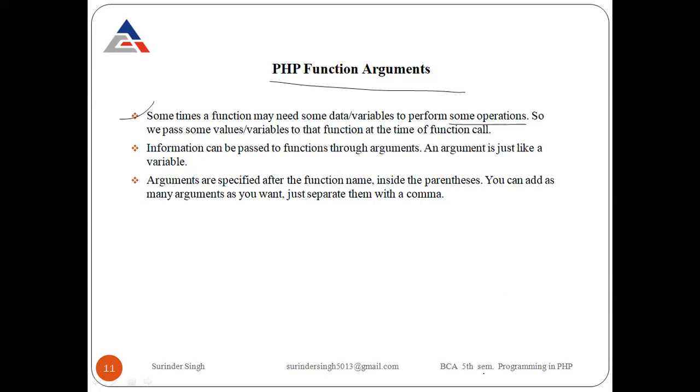Clear? For this example, suppose here is a function named age calculator, and this function accepts two arguments. First is your date of birth, and second it takes the current date. For calculating the age it will require two values, or two arguments.